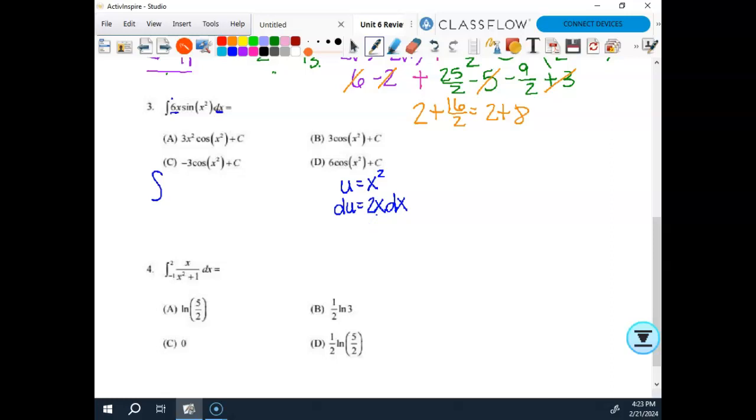So I have been multiplying stuff in, like doubling it or whatever, but I need to make this 6x into a 2x, which means I need to multiply by a 1/3 in here, which means there's a 3 out here. Okay, so the 6x dx 1/3, that's what this is here, so that's my du. And then this is going to be the sine of u du.